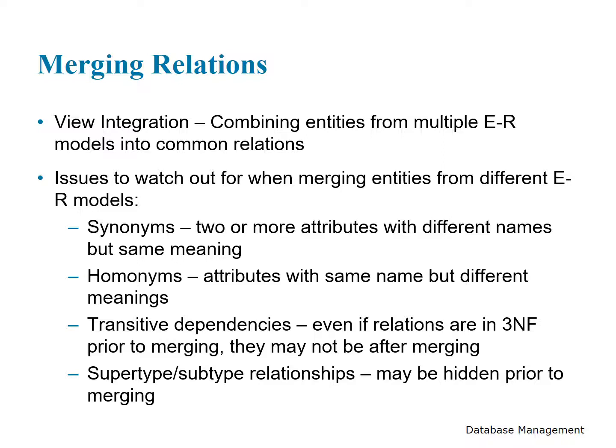Because student 1 and student 2 have the same primary key, the two relations can be merged: student, student ID, major name, advisor. However, suppose that each major has exactly one advisor.